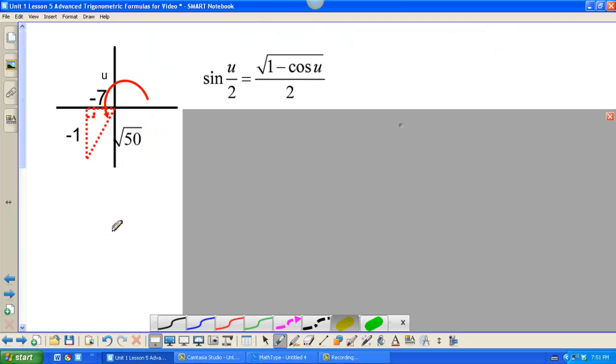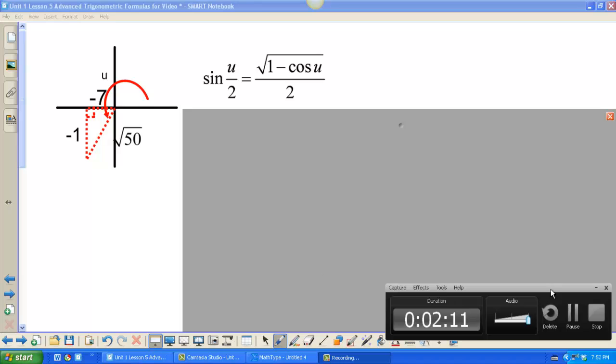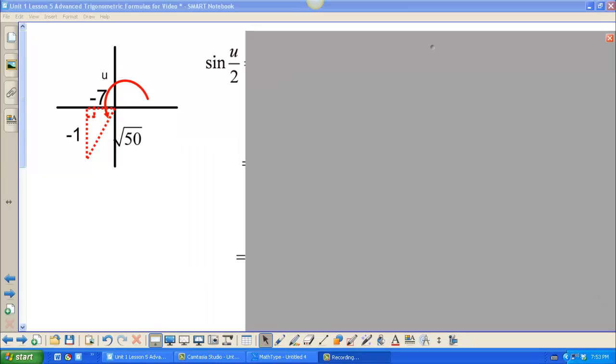So let's use the half angle formula for sine to determine the sine of the half angle with the given information, where the cotangent was 7 and we found that the hypotenuse was root 50.